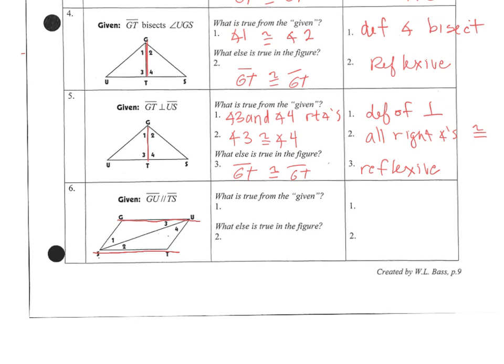If we look at that, one thing that we can say is that angle 3 is congruent to angle 2, and that would be because parallel lines imply that alternate interior angles are congruent.